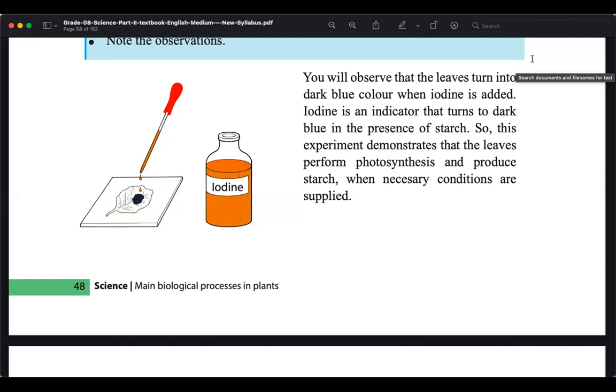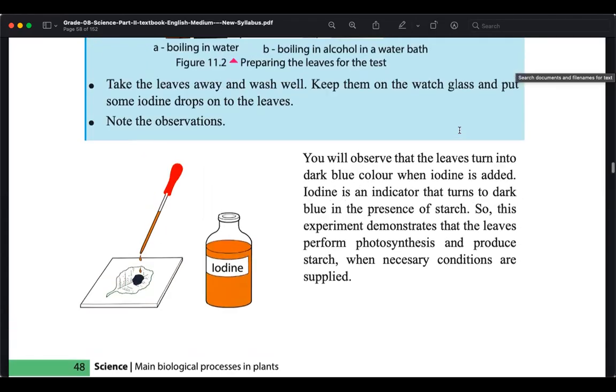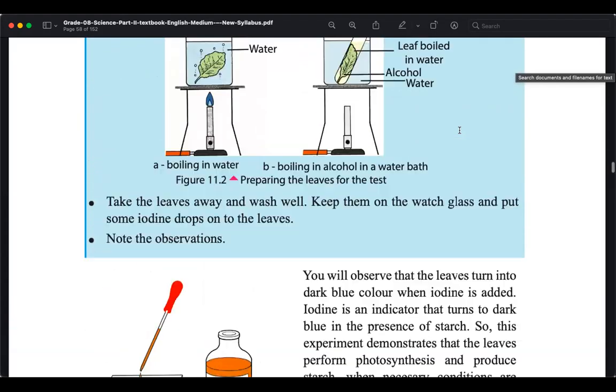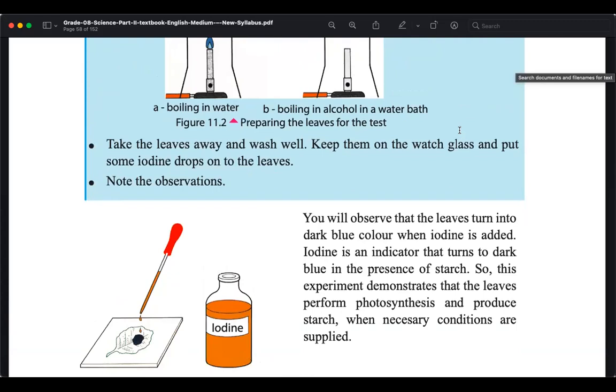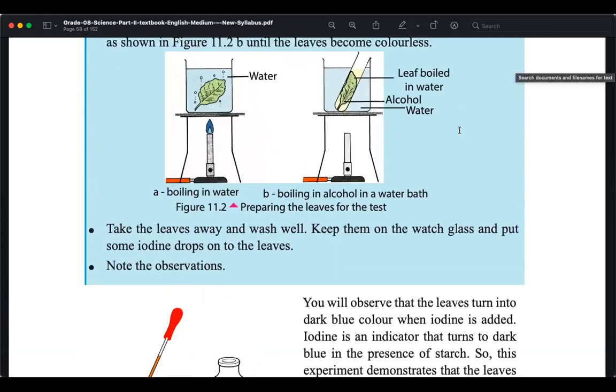Whatever food is created after photosynthesis, basically glucose, is converted to starch, right? And we can test starch with iodine, because iodine will turn dark blue when starch is present. So by doing that, we can identify whether starch is there.